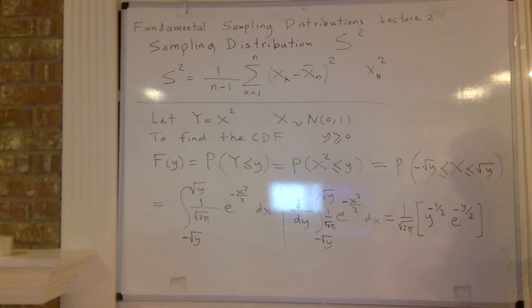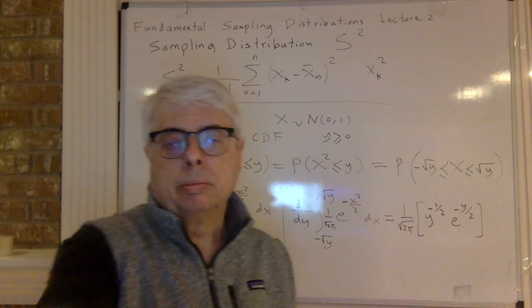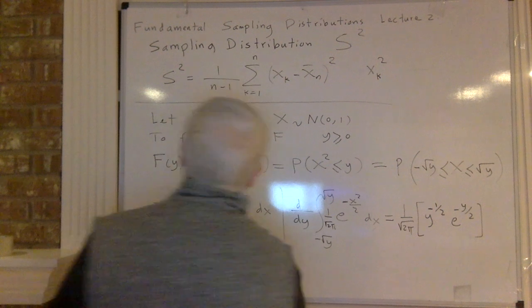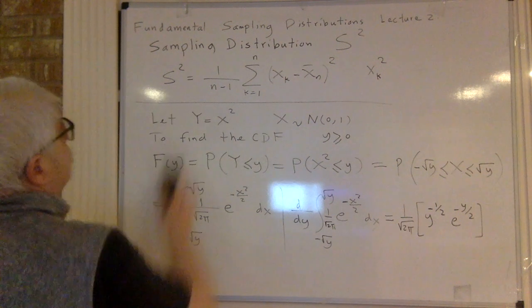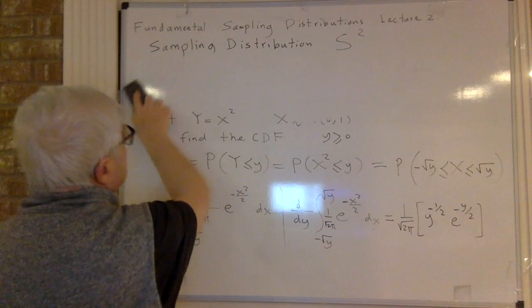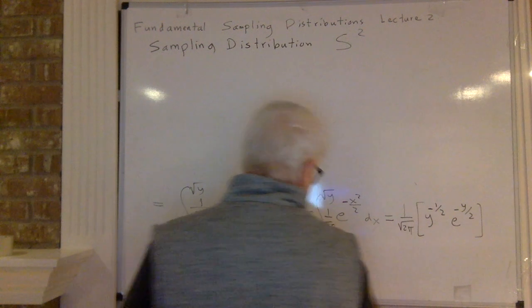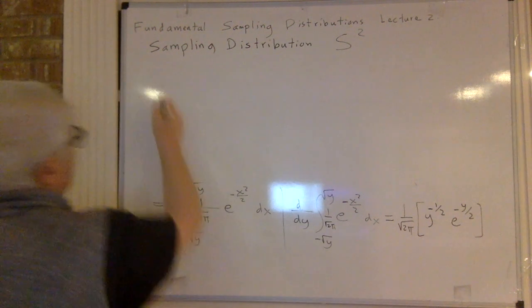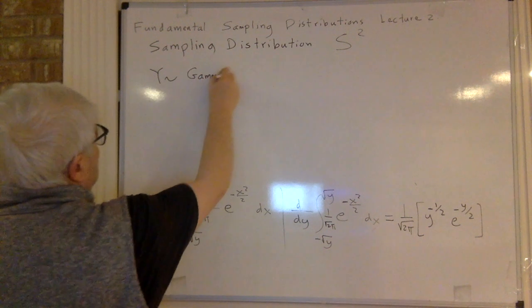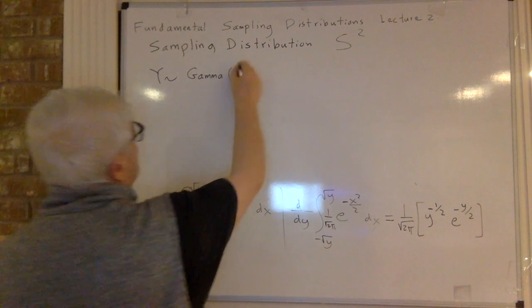Now, what is it? What does it look like? If we go back a few chapters, this is in fact what we call a gamma distribution, right? So this y has a gamma distribution with, in this case, parameters 1/2 and 2.